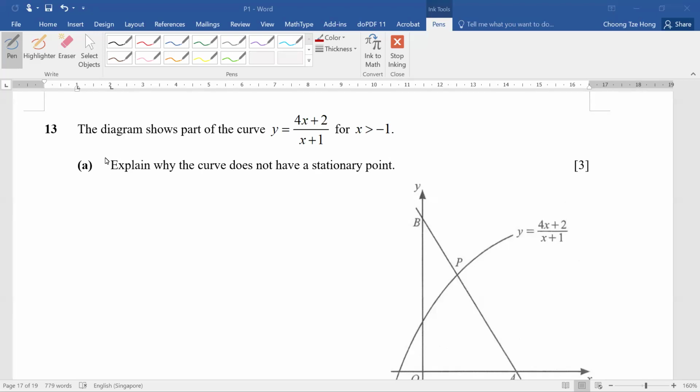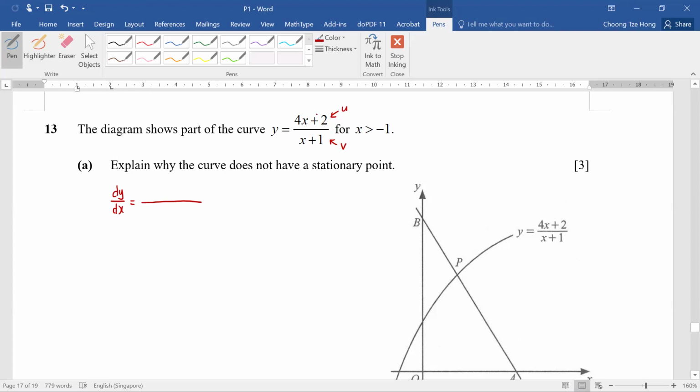We are going to use the quotient rule to differentiate this expression for y. So dy/dx will be equal to, over here we have the top term, which we call u, and the bottom term, which we call v. For the quotient rule, we differentiate u first and leave v untouched.